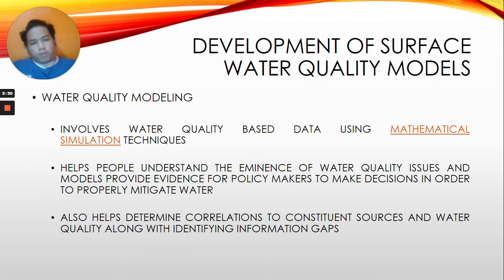So for example, there is a barangay or a barrio somewhere that is having water quality issues. So the government can make decisions based on the results from these water quality models. It also helps determine correlations between constituent sources and water quality, along with identifying information gaps.